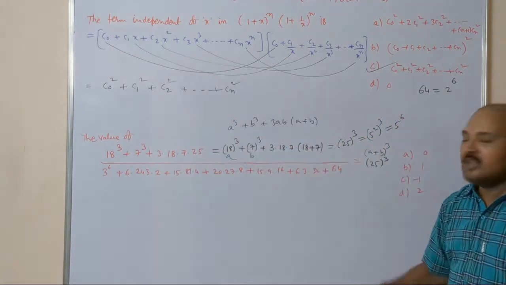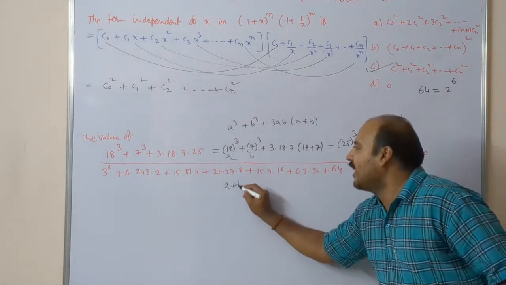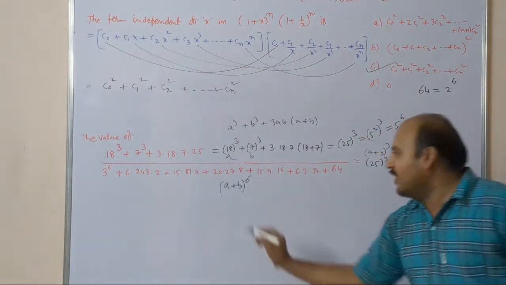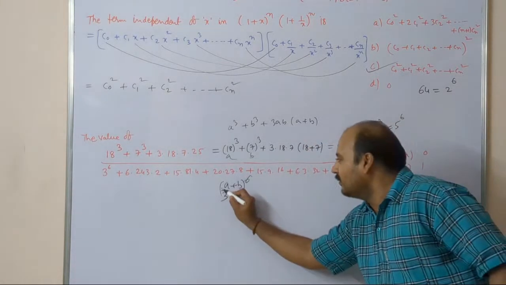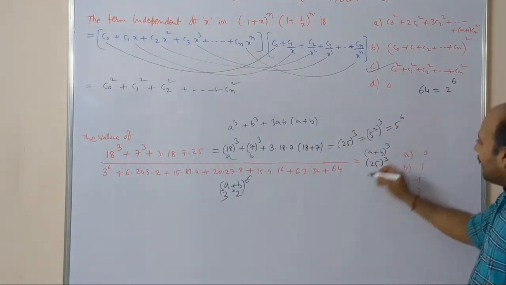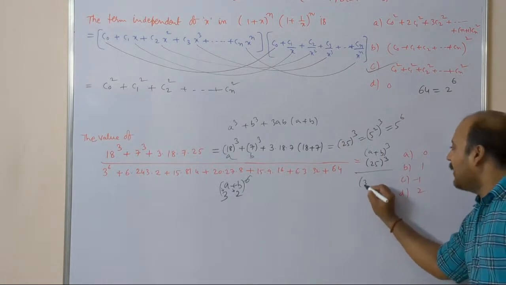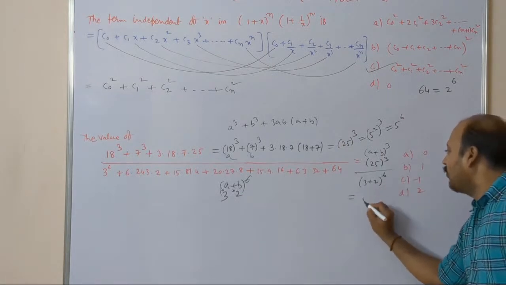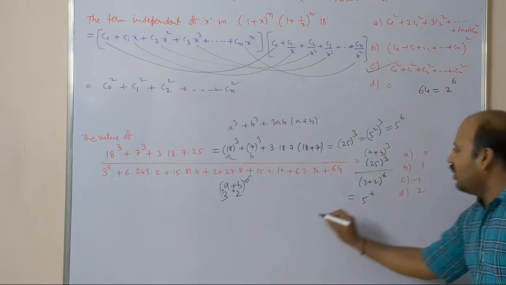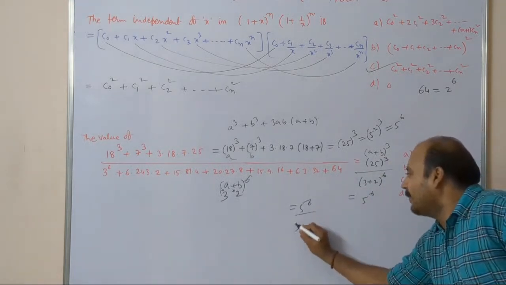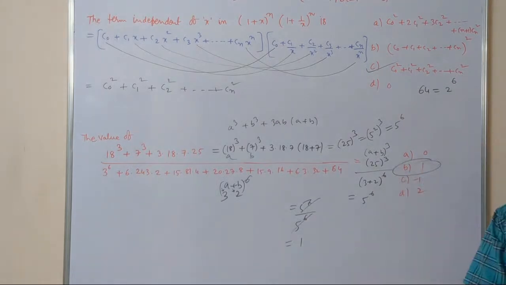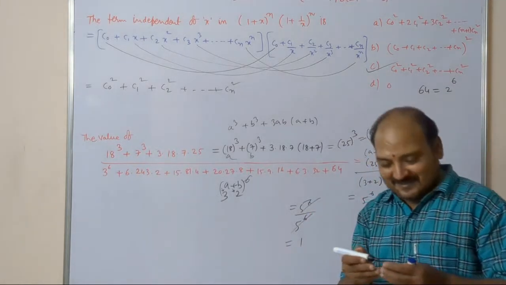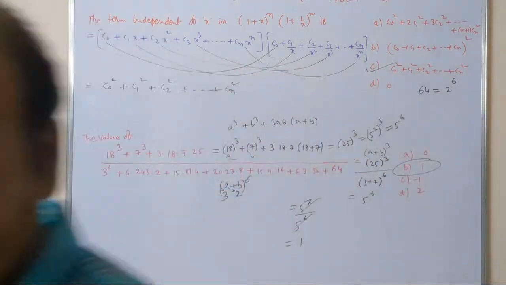This is also an expansion of (a + b) whole power 6, where a = 3 and b = 2. So the denominator value is (3 + 2) whole power 6, which is 5 power 6. Numerator 5 power 6 divided by 5 power 6, so the answer is 1. Do you understand, dear students? I hope you understand.